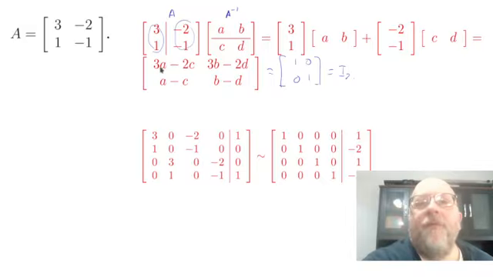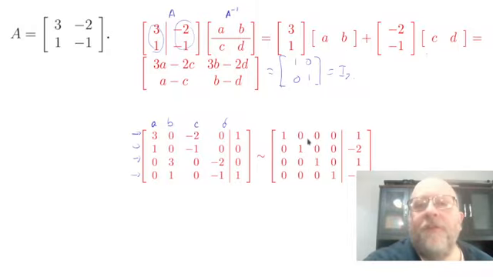But this is saying that 3A minus 2C is 1, which is this equation here. And 3B minus 2D is 0. That's this equation here. A minus C is 0. And B minus D is 1. That's that equation there. And that gives us a 4x4 system of equations.